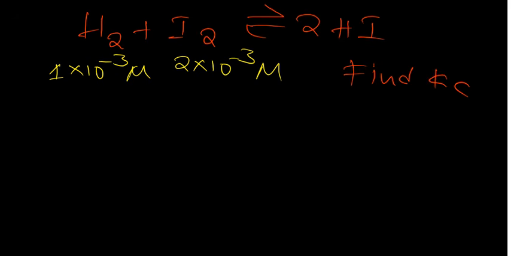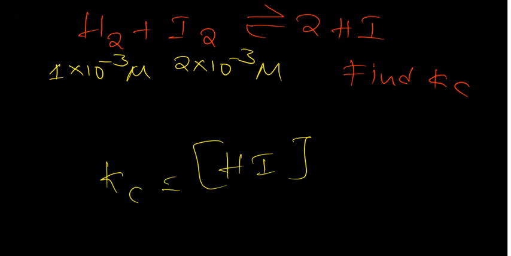How do you find your Kc? We need to be very, very careful, because if I say, for example, 0 there, and then 0 divided by everything else, of course we know how to come up with a formula, but we need to understand how we do it. In this case, for the products we just have HI to the power 2, and for reactants we just have hydrogen and iodine.